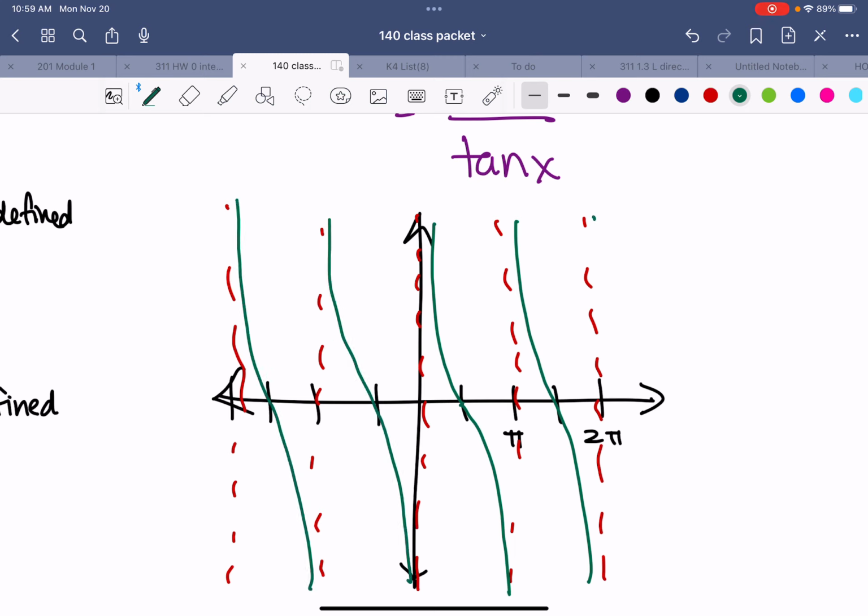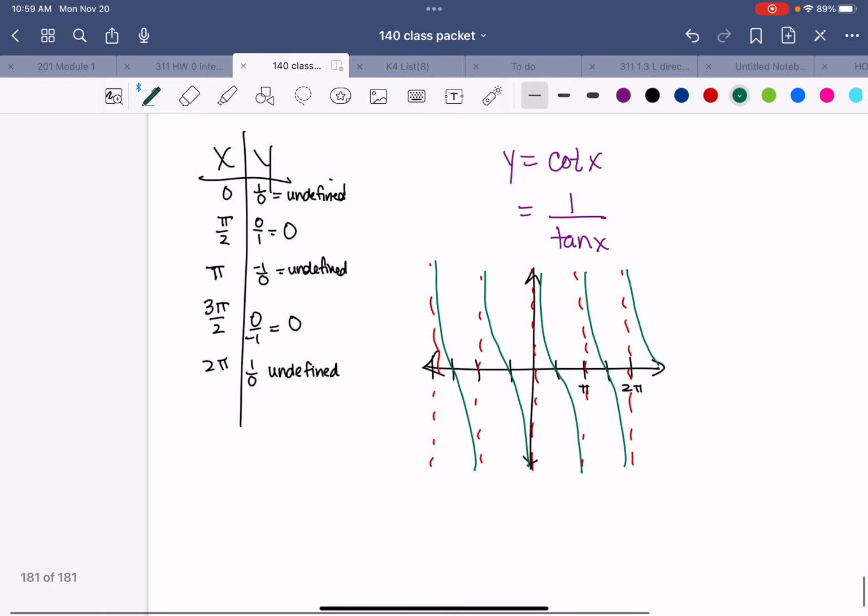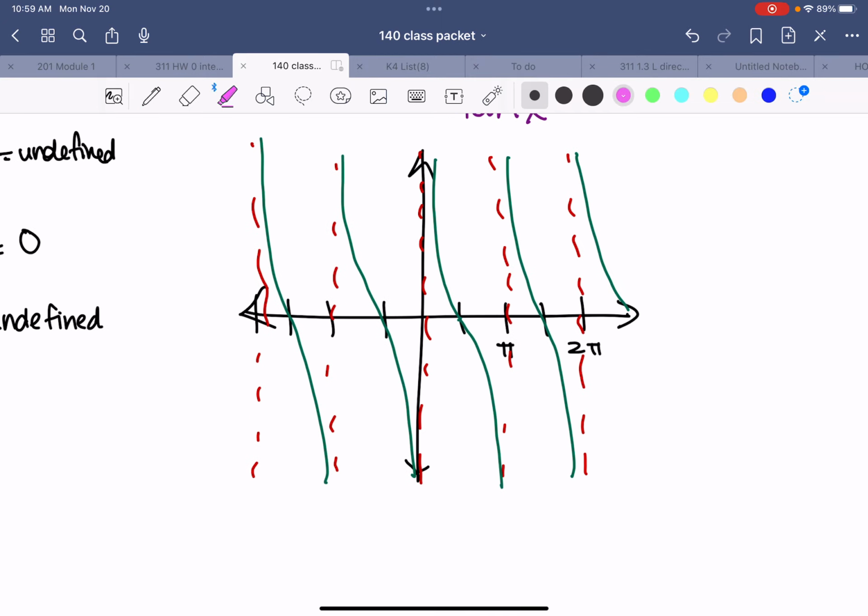Okay. But again, this doesn't have an amplitude because it goes up and down forever. But you can see that the period here is just this one because we repeat the same thing here. So the period is really just pi because between 0 and pi, we get everything we need.